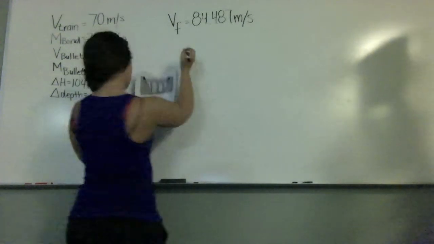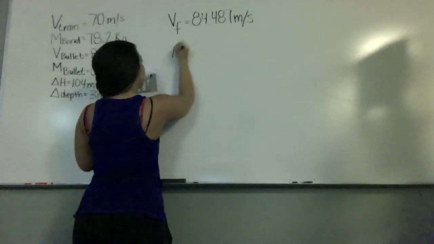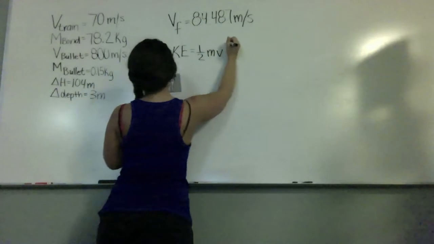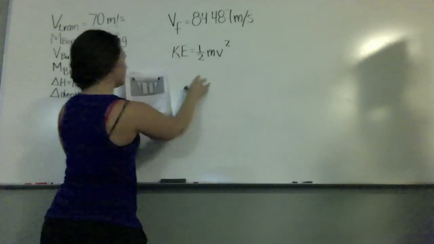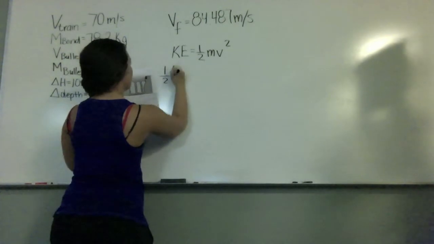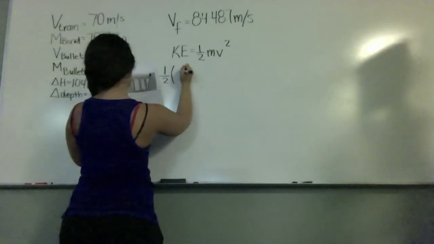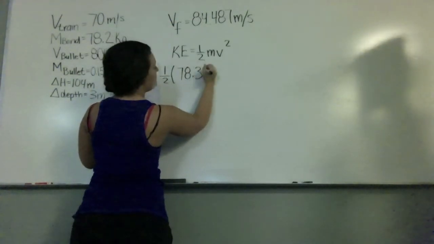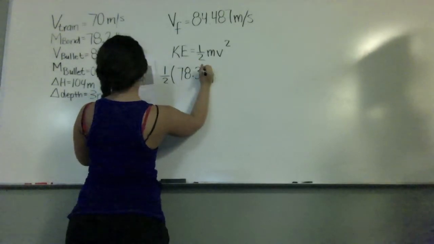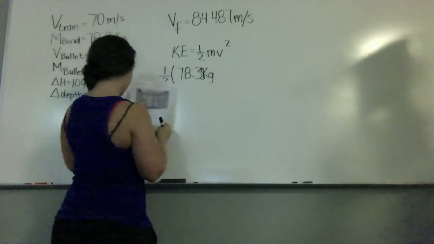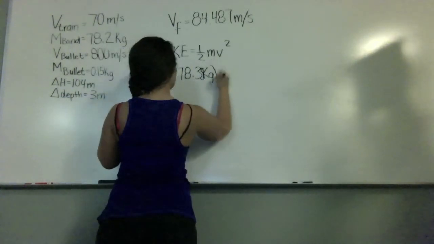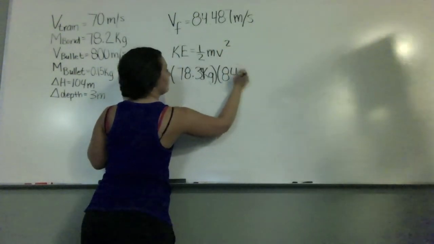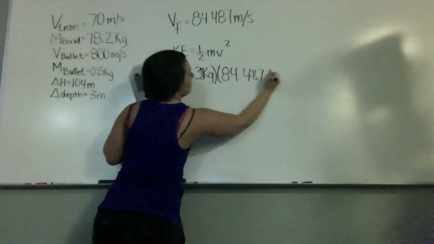So for this we take KE equals 1/2 mv squared, and we'll plug in the combined mass of Bond and the bullet, which is 78.35 kilograms, and then we times that by the calculated final velocity of 84.487 meters per second.